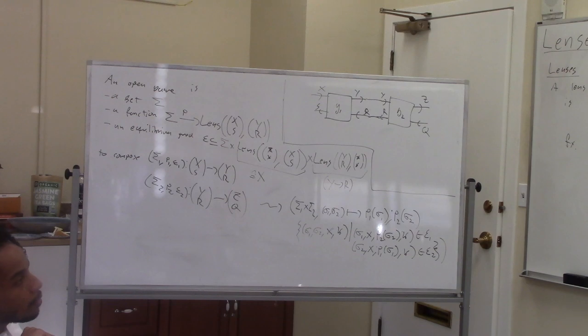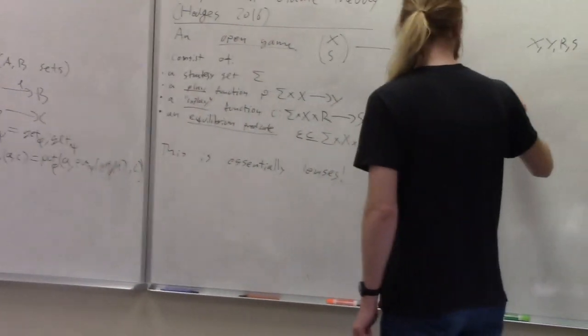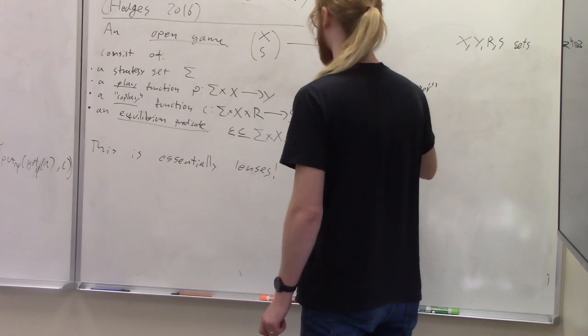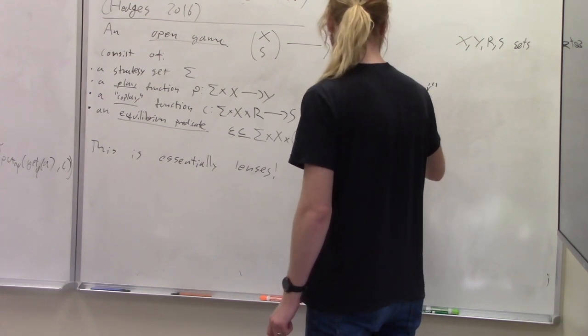So one very natural open game is called the utility optimizer. This is an open game of type, we could call it U sub XY.